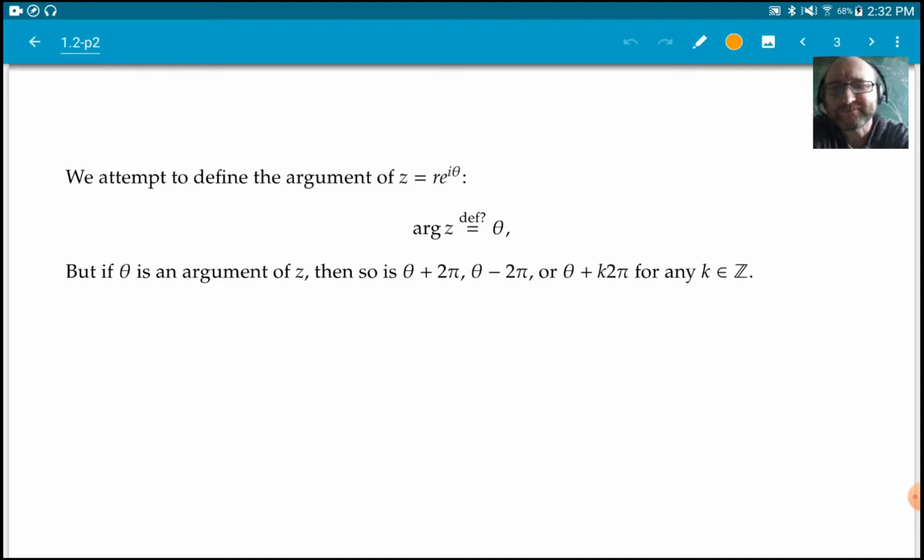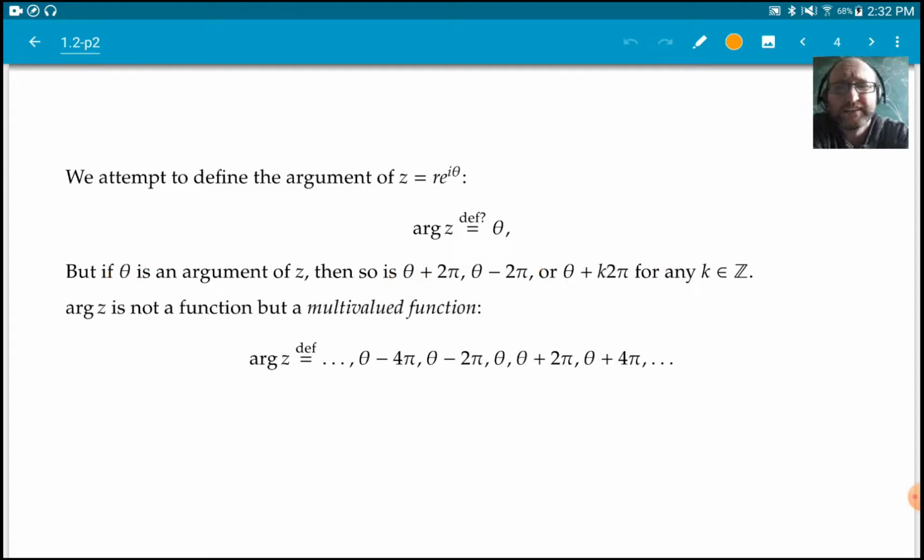Well, there's an issue because if theta is an argument, then theta plus 2 pi gives you the same number, as does theta minus 2 pi or theta plus any multiple of 2 pi. So really, the correct way of defining argument is all those numbers.